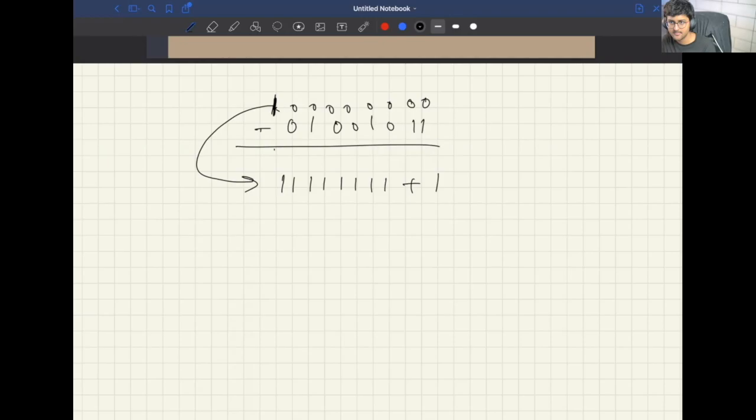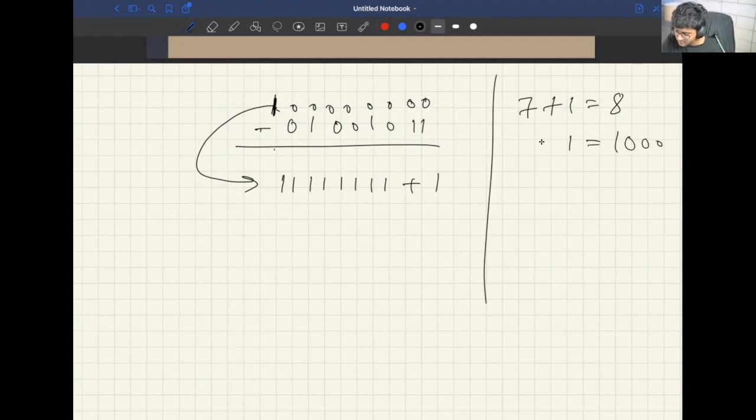In theory, this is something that we can write as, does it make sense? For example, if I'm saying 7 plus 1 is equal to 8. So 8 is actually this. Make sense? Right? If you have a number that is just a power of 2, you can divide it in this way. Cool. This is what I did over here.